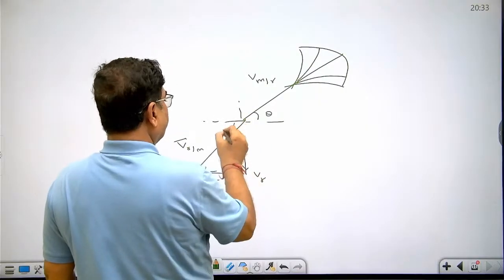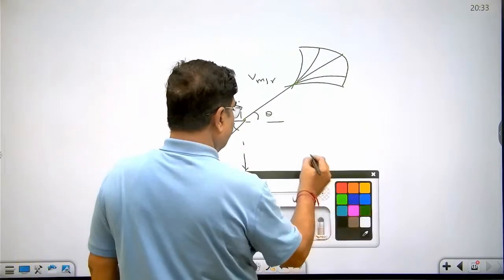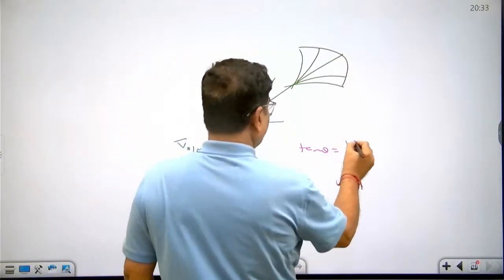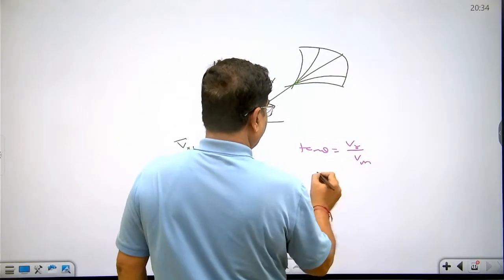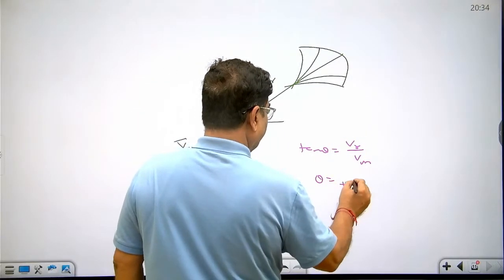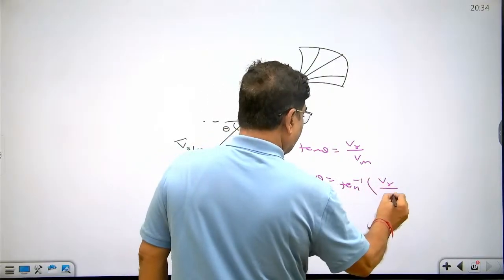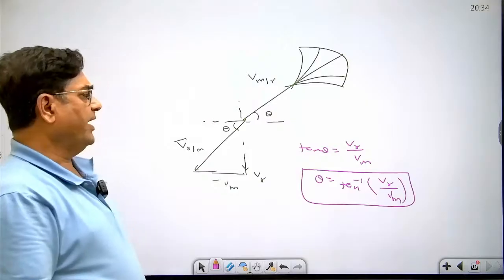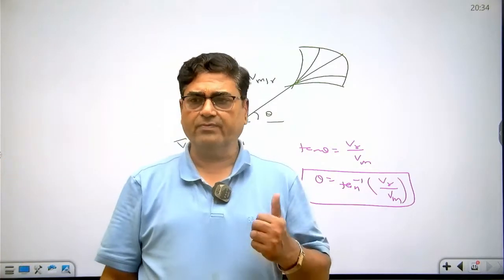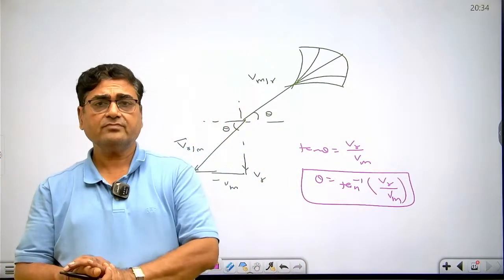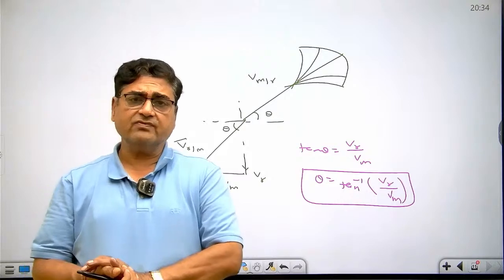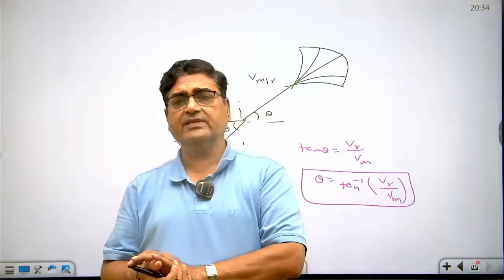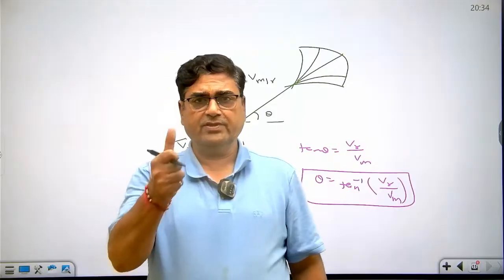So dear student, if this is theta, tan theta is what? VR upon VM. So theta is tan inverse VR upon VM. This is the direction in which umbrella is to be held in order to protect oneself from the effect of rain. Okay. So dear student, this was in brief the concept of relative motion. In the next lecture, we will see the problems of relative motion. Thank you very much.